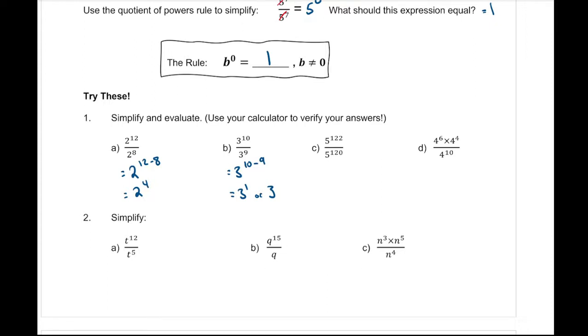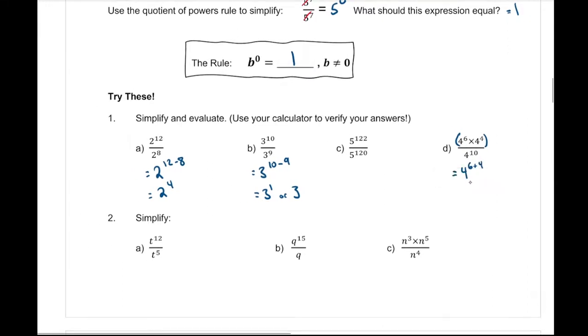Here, when I have a fraction like this, I can assume that on the top there's brackets around that. So I have to simplify the top first before I can divide. So I have to do my multiplying power rules here. So 4 to the power of 6 times 4 to the power of 4 means 4 to the power of 6 plus 4. Still divided by 4 to the power of 10.